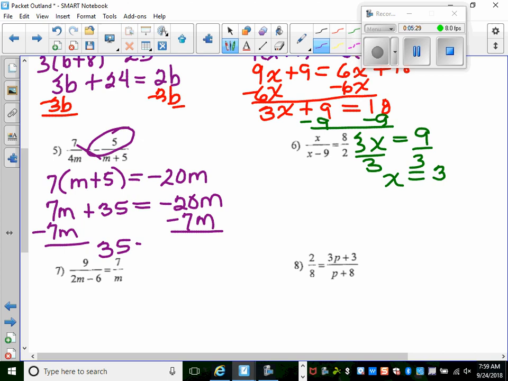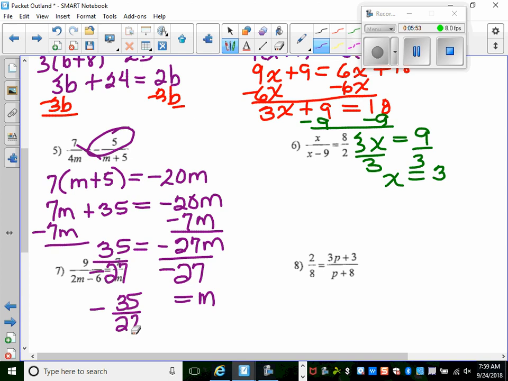So I'll have 35 equals negative 27m, and then divide by the negative 27. Now, is there a number that can go into 27 and 35? So we'll leave it as negative 35 over 27.